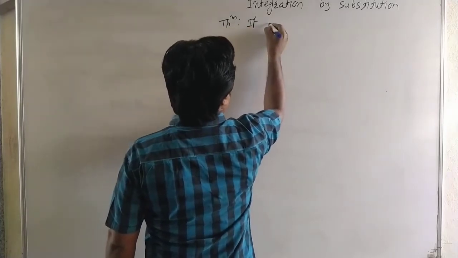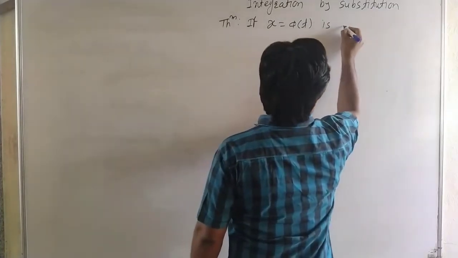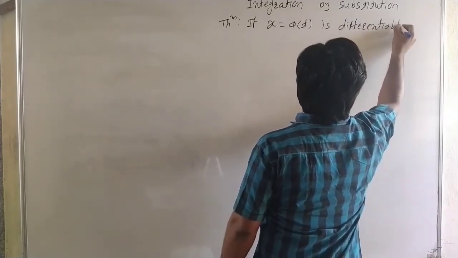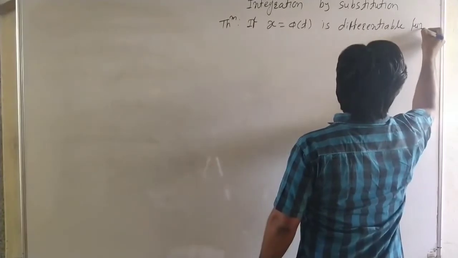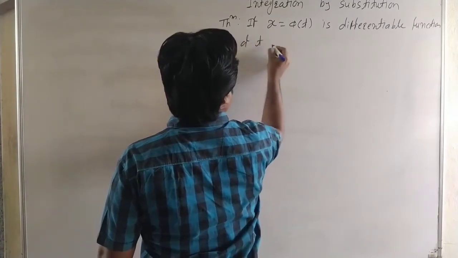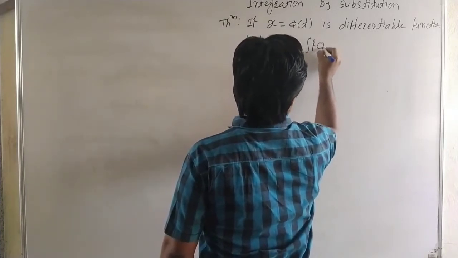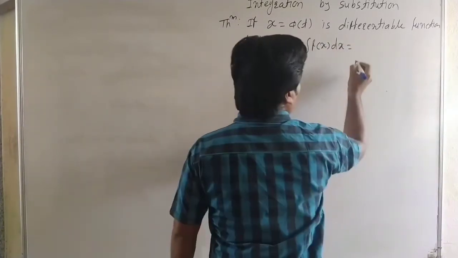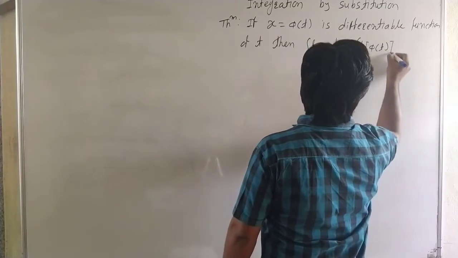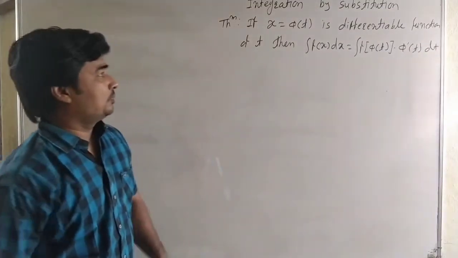If x is equal to phi of t is a differentiable function of t, then the integral of f of x dx is equal to the integral of f of phi of t into phi dash of t dt. Okay, here we can prove it.